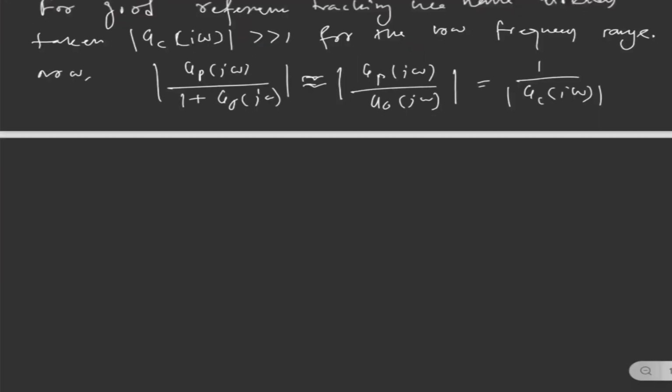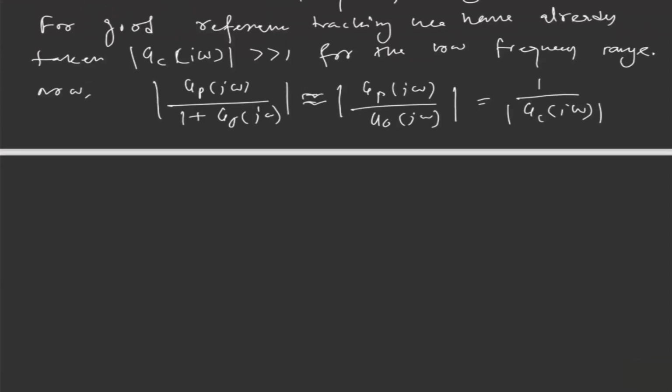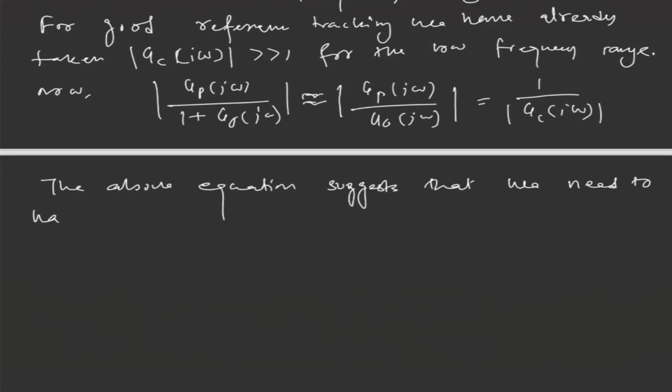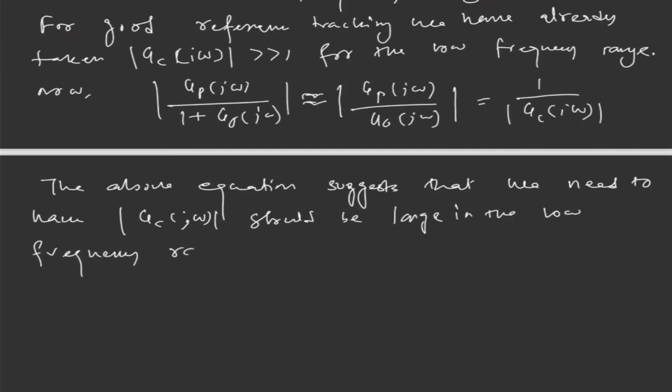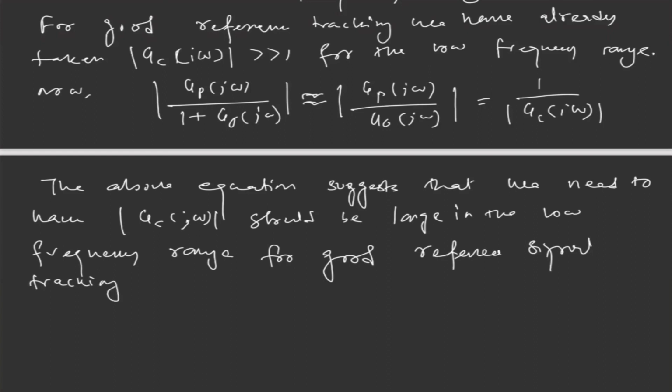Again, from this equation, we can say that the above equation suggests that we need to have G_C j omega be large in the low frequency range for good reference signal tracking and disturbance rejection.